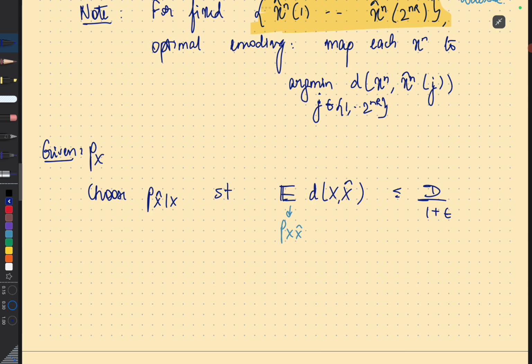My target distortion is capital D, but then I'm going to back off from that by a little bit, and I'm going to pick this conditional distribution Px hat given x that satisfies this. Okay, remember that this whole quantity is independent of n. So this quantity is just summation over all possible x and x hat.